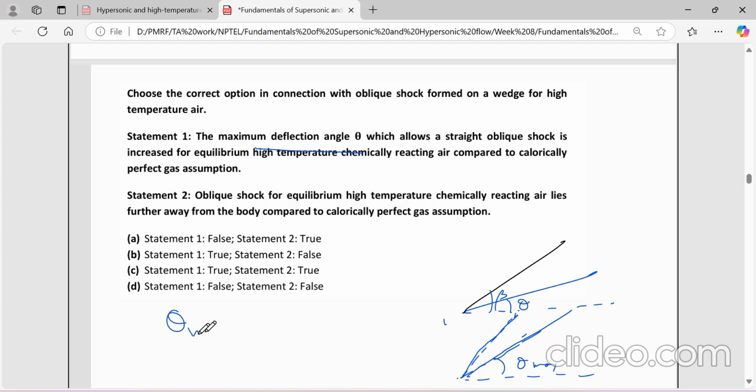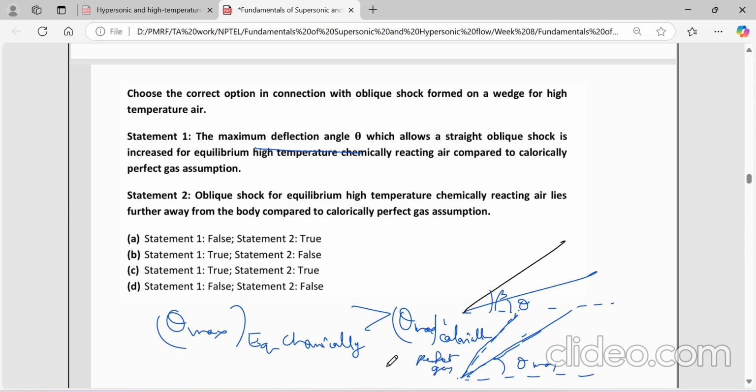So it is telling that theta max for equilibrium chemically reacting gas is greater than theta max for calorically perfect gas. This is the first statement. We don't know if it is true or not currently.